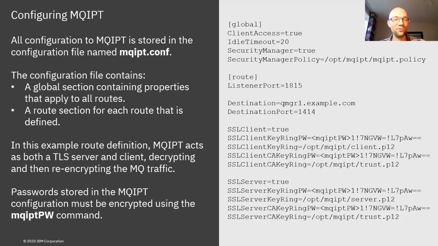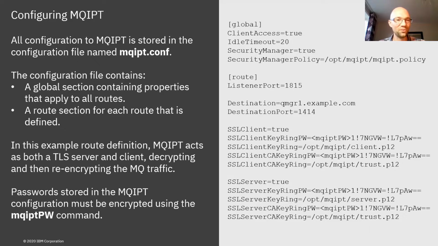So this route is acting as an SSL client, which means that it's passing on information that's been protected using TLS to the queue manager destination, and it's also accepting TLS connections in as it's acting as a TLS server as well. And all this information gets stored in a single configuration file that's read by MQIPT.